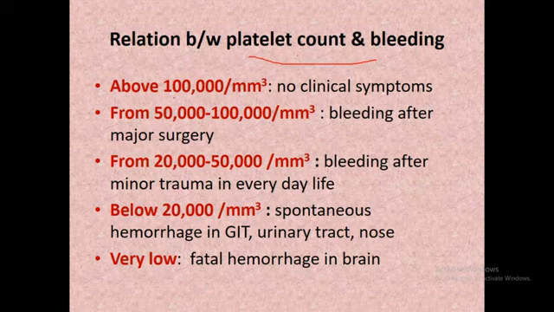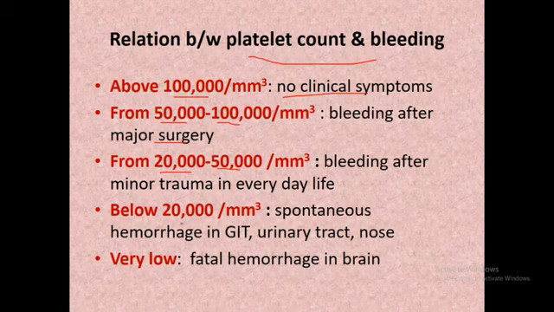Whenever the platelet count is above 1 lakh, there will not be any clinical symptoms. Whenever the platelet count is between 50,000 and 1 lakh, bleeding after major surgery is possible. Whenever the platelet count is between 20,000 and 50,000, there is bleeding after minor trauma in everyday life.